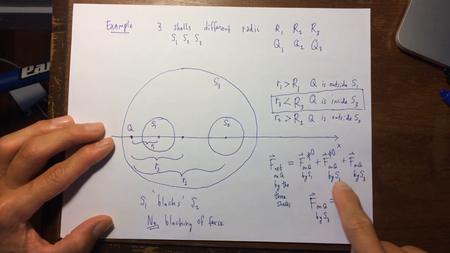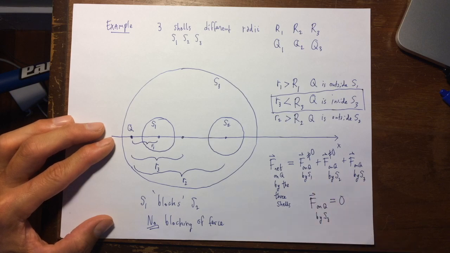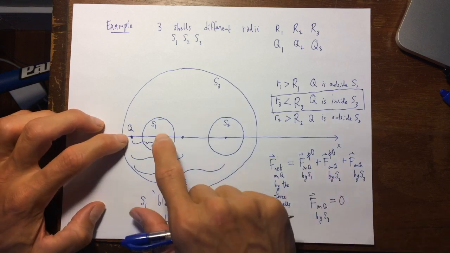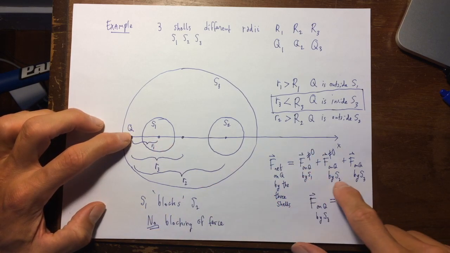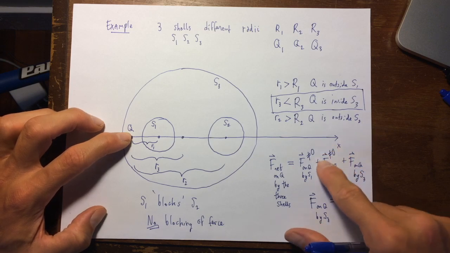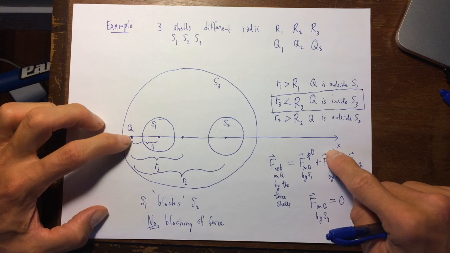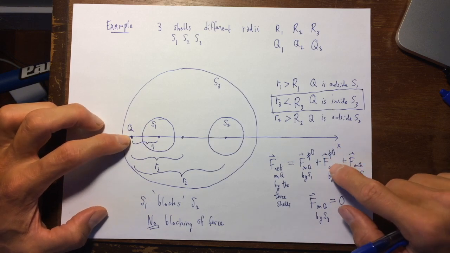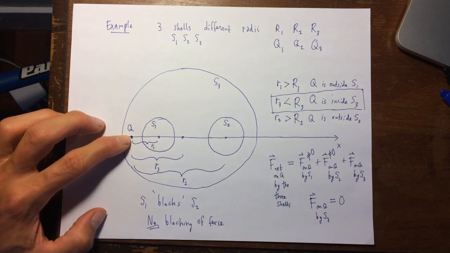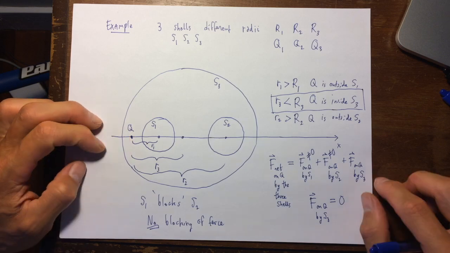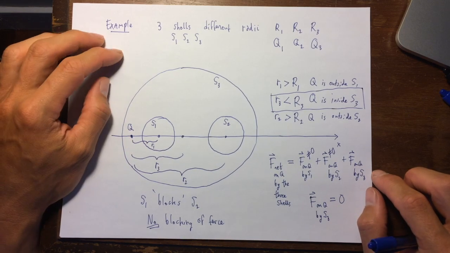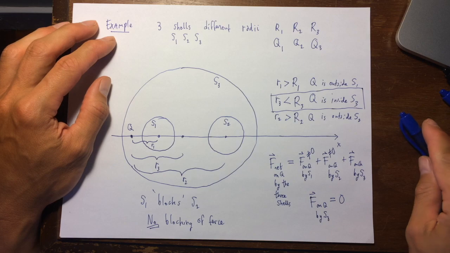So I do have to include them, right? So the force on Q by S1, and then it kind of looks like maybe S2 might be blocked by S1, and this might be 0 on capital Q, but that's not true. You have to include it as if S1 didn't exist. Okay, so that's an example of using the Shell theorem to begin to solve a problem.